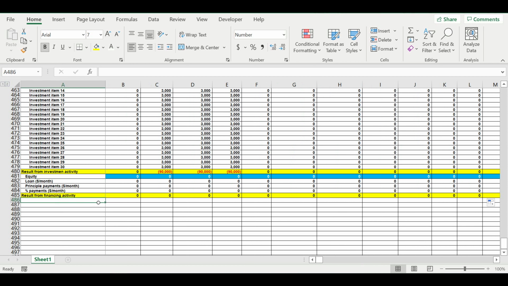Now we will create the line for cash balance at the beginning of the period, and cash balance at the end of the period.